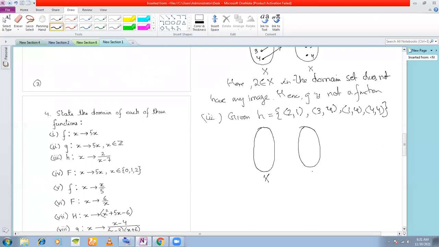X into X. 2 is being mapped to 1. 3 is being mapped to 4. 1 is being mapped to 4. And 4 is being mapped to 4.